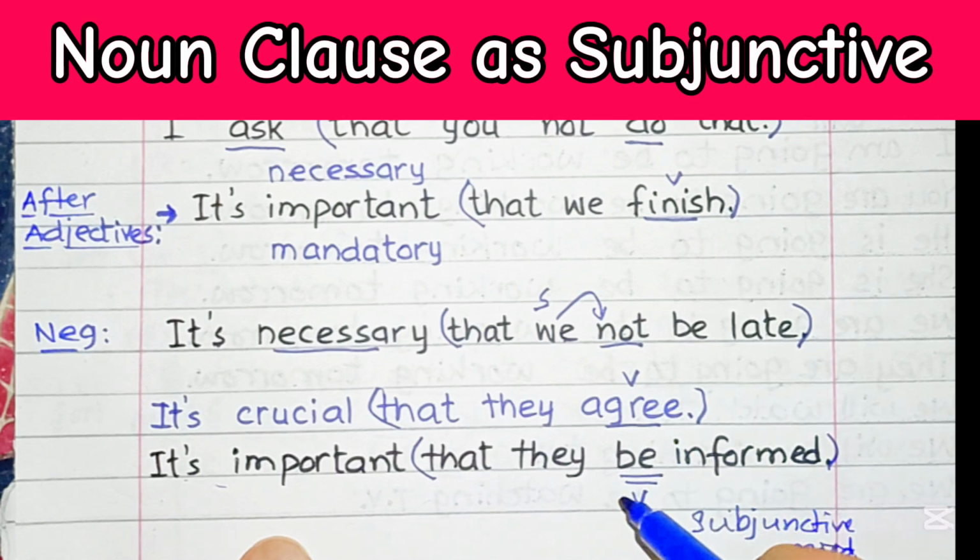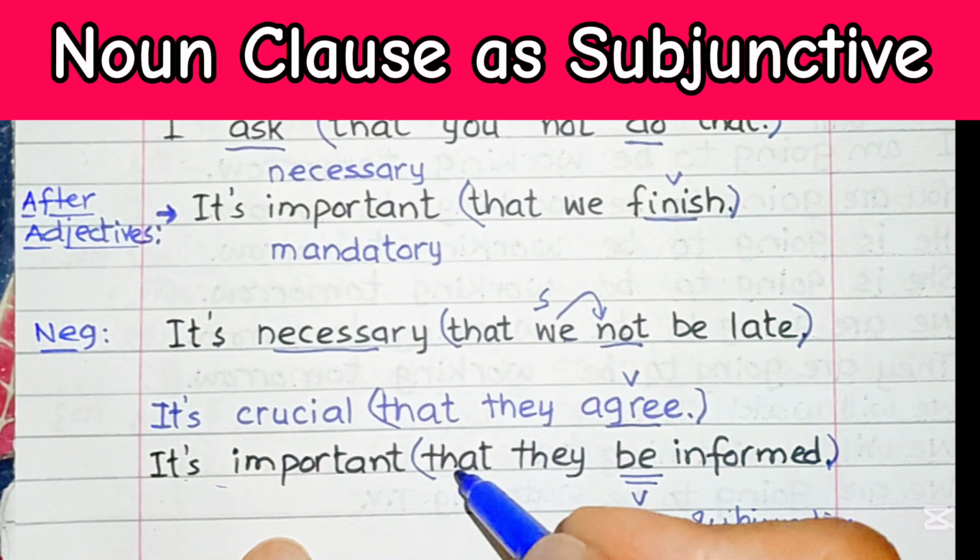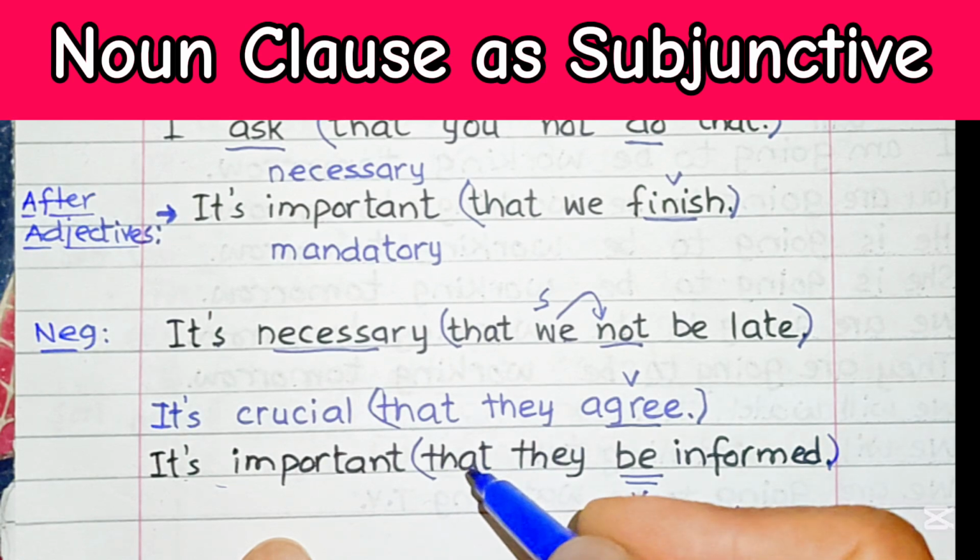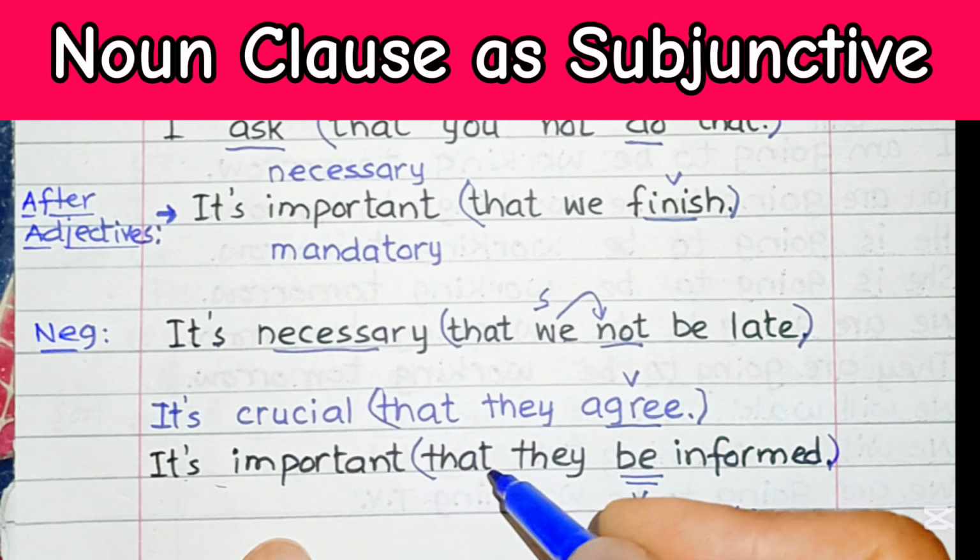But remember one thing: after that we have to have a clause, a noun clause. Only then will it be the subjunctive mood. So words like demand, insist, recommend, suggest or ask followed by a noun clause are good examples of the subjunctive mood.